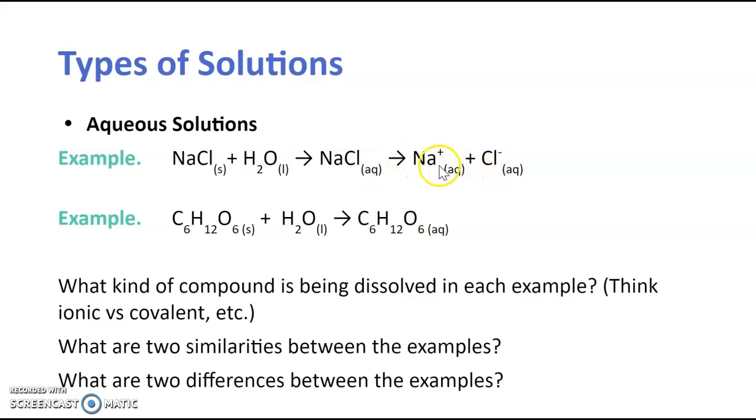And the water is really attracted to the ions, so it kind of bullies its way in there. The sugar, on the other hand, is covalent, and so it does not break apart. It stays together. And it's a polar molecule, and that's what allows it to dissolve, but it doesn't break apart because it has those strong covalent bonds with the shared electrons, and so it stays together in one piece.